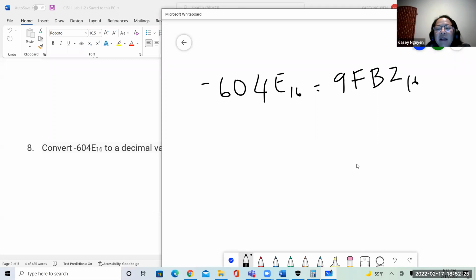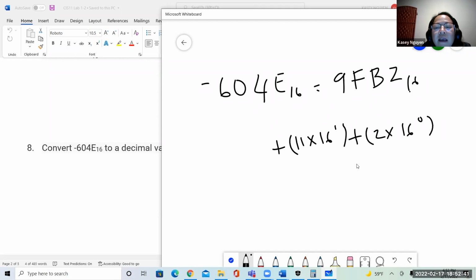So after we found the 2's complement, we multiply that out. So 2 times 16 to the 0 plus B, which is 11 times 16 to the 1st, plus F, which is 15 times 16 to the 2nd. Let me rewrite that.